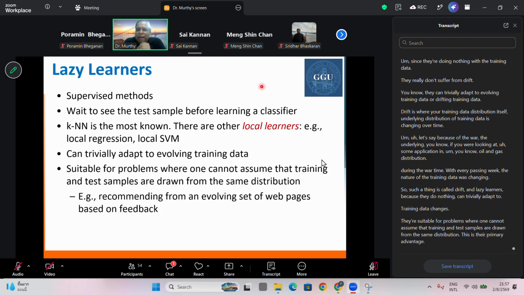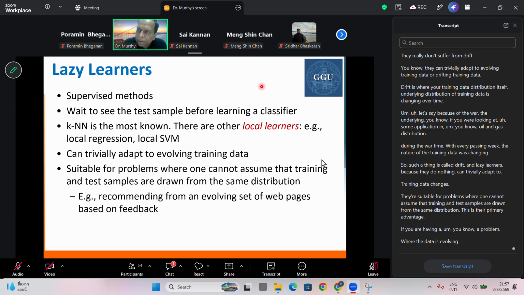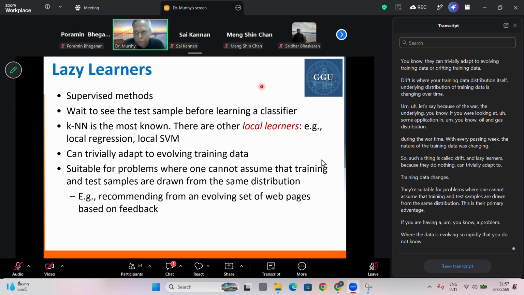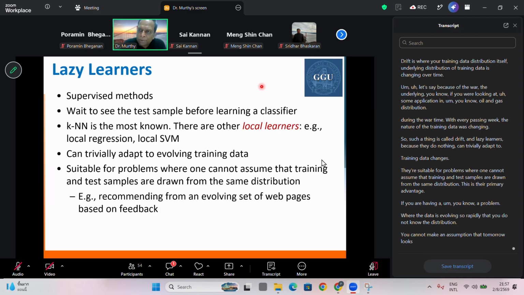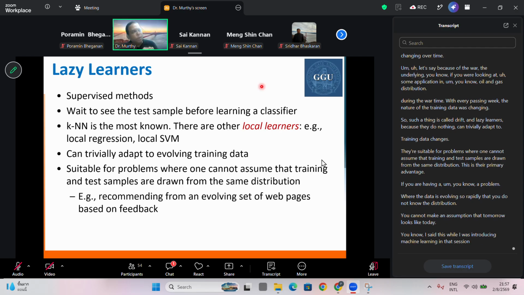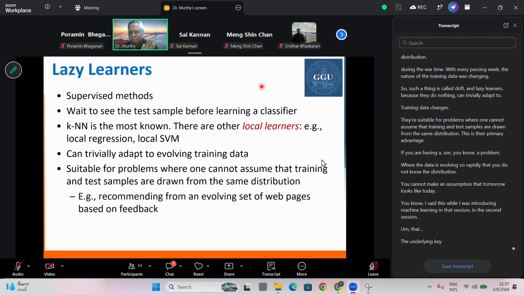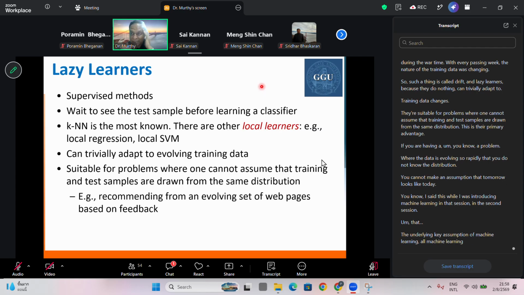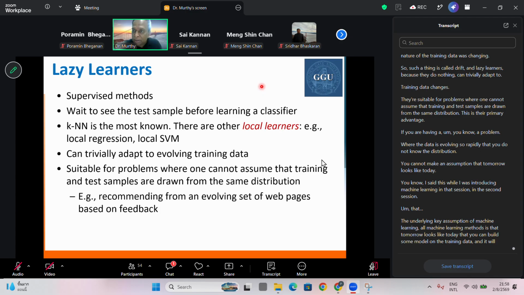If you are having a problem where the data is evolving so rapidly that you do not know the distribution, you cannot make an assumption that tomorrow looks like today. I said this while I was introducing machine learning in the second session, that the underlying key assumption of all machine learning methods is that tomorrow looks like today, that you can build some model on the training data and it will apply to test data.